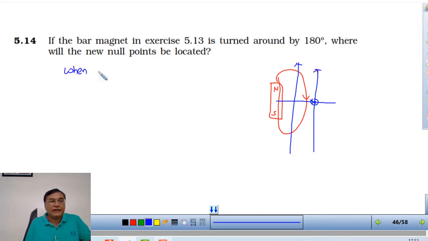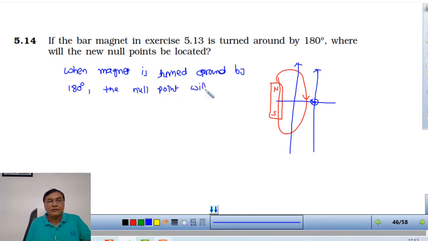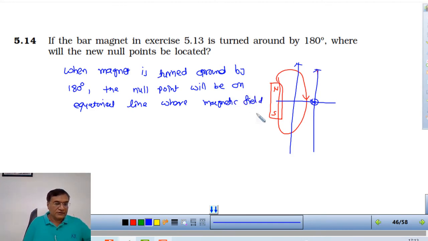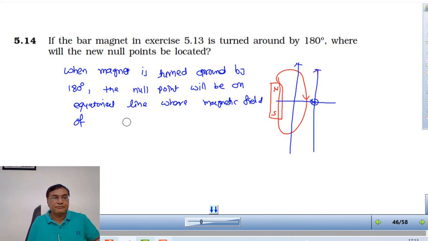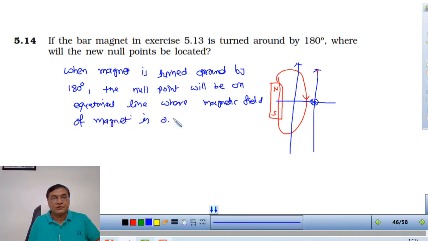So when the magnet is turned around by 180 degrees, the null point will be on the equatorial line, where the magnetic field of the earth is equal to the magnetic field of the magnet, which is 0.36 Gauss.